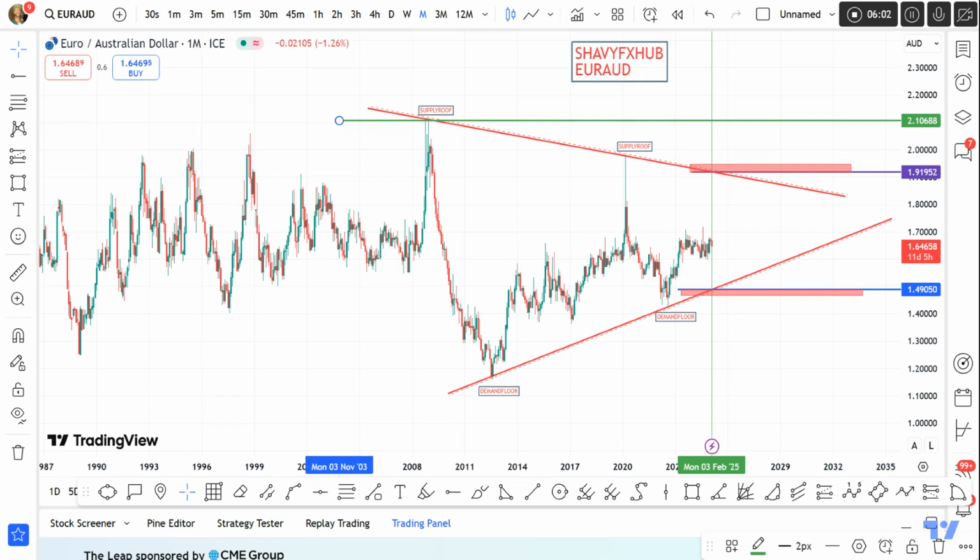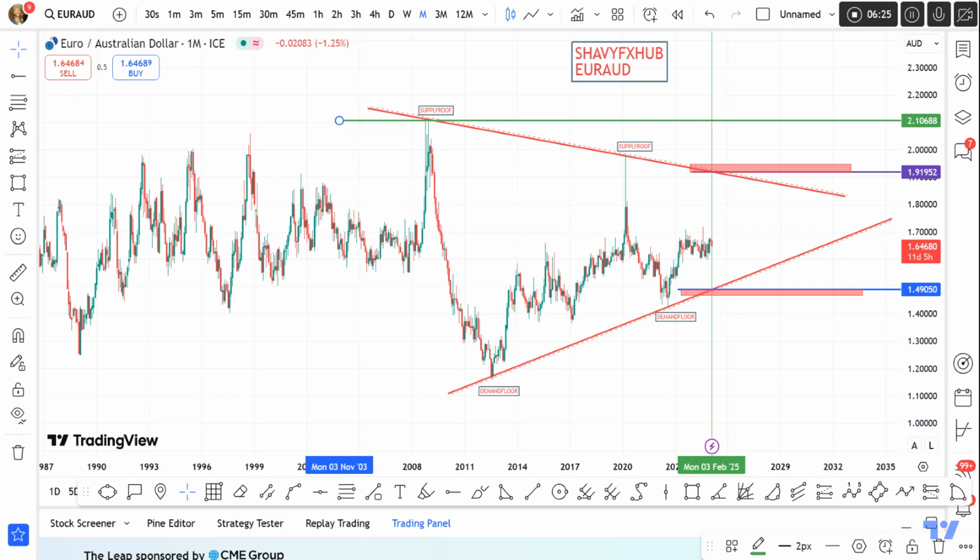What influences exchange rate? There are a whole lot of factors that influence exchange rate. One of the things is central bank policies. The Reserve Bank of Australia is going to come with a very strong fundamental data tomorrow. ECB really do not have any news.